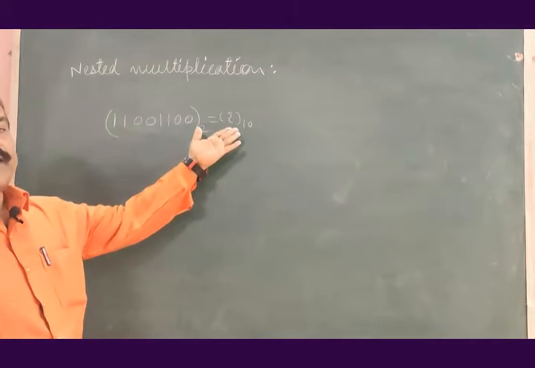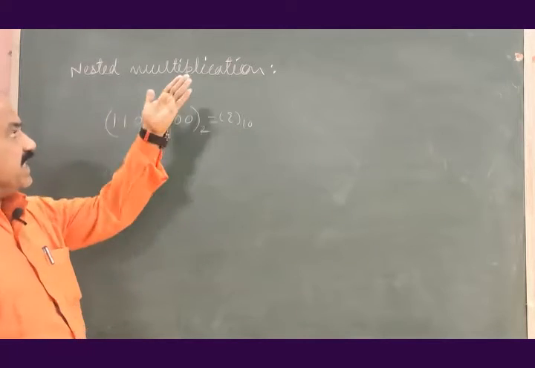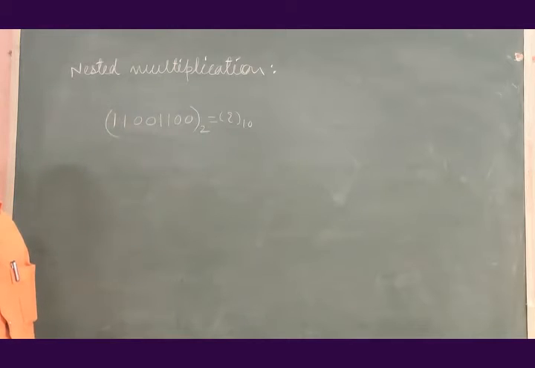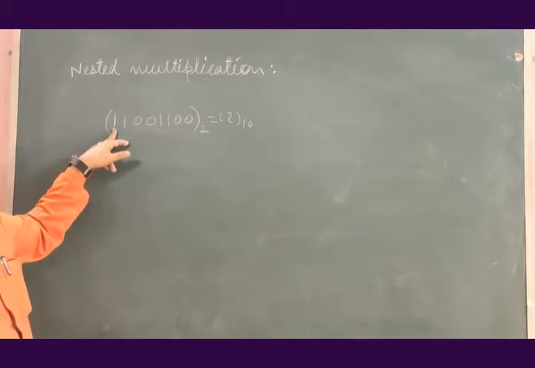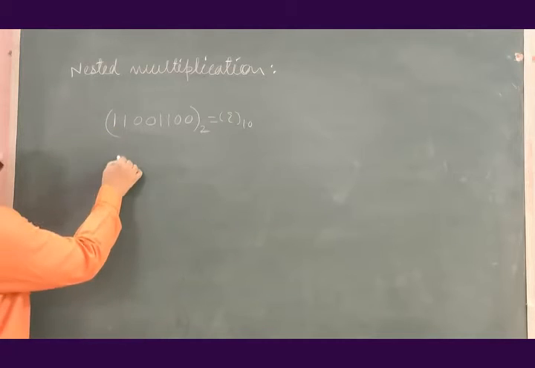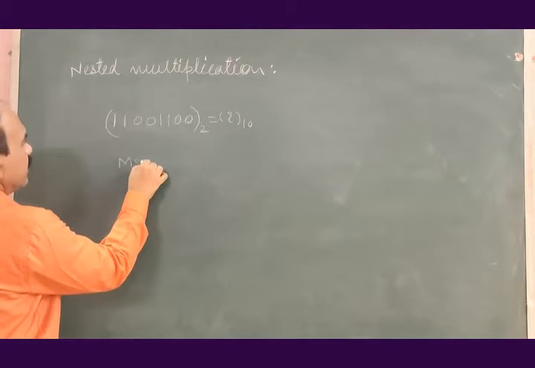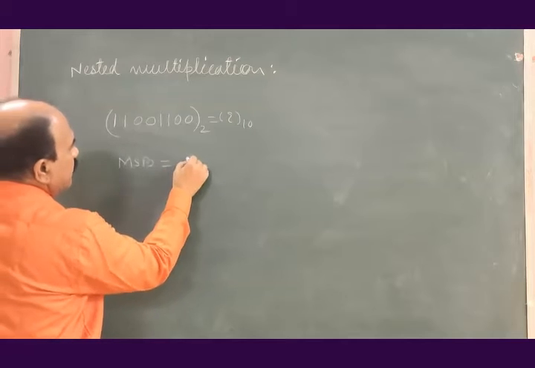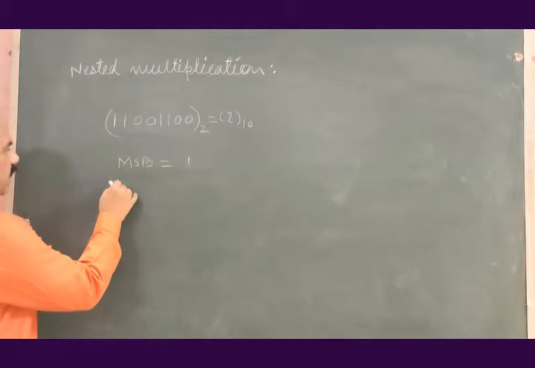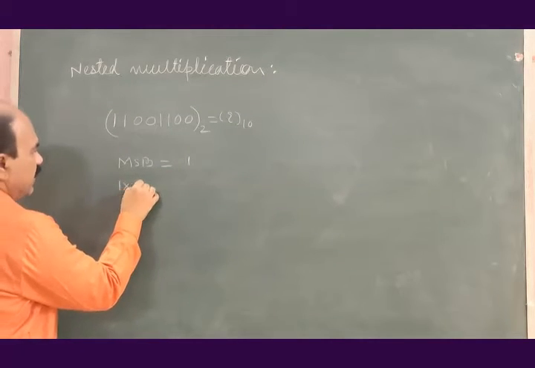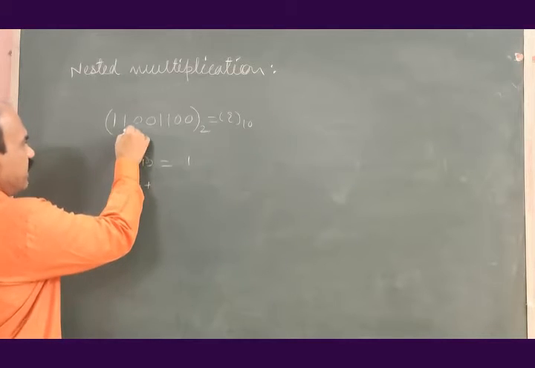You are asked to find its decimal equivalent using nested multiplication method. MSB is this, right? MSB 1. Then 1 into 2 plus second MSB.